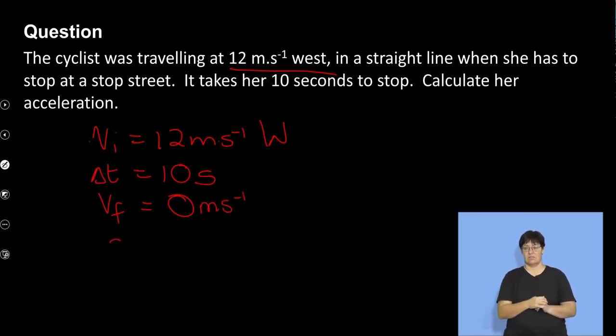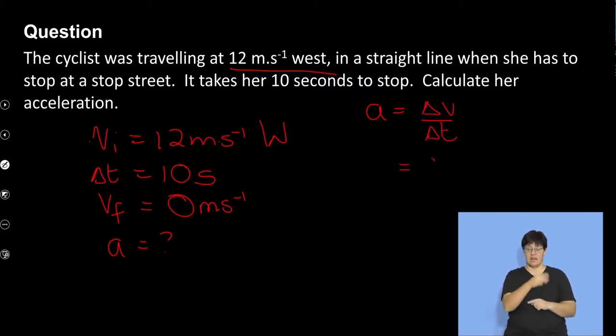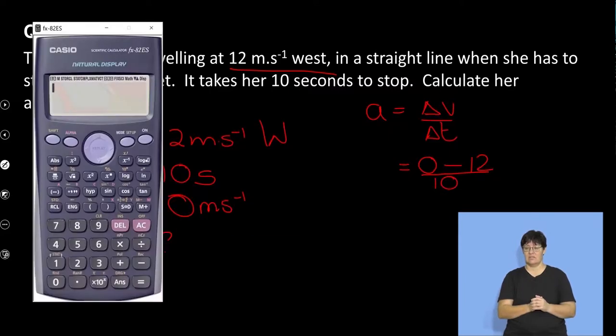Whoopsie. So, acceleration, change in velocity over change in time. Final velocity minus initial velocity divided by 10. So let's just check. So we've got 0 minus 12 divided by 10.